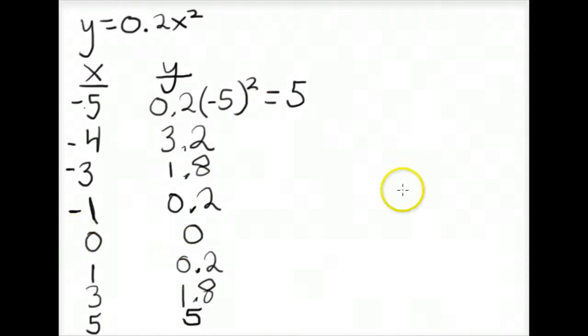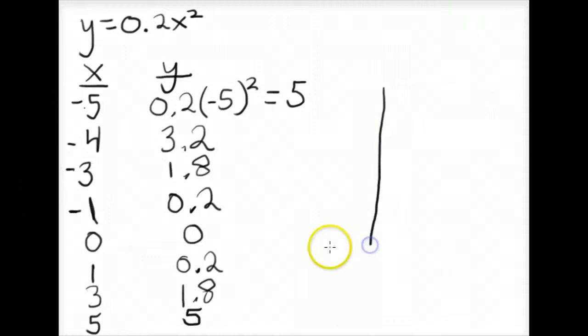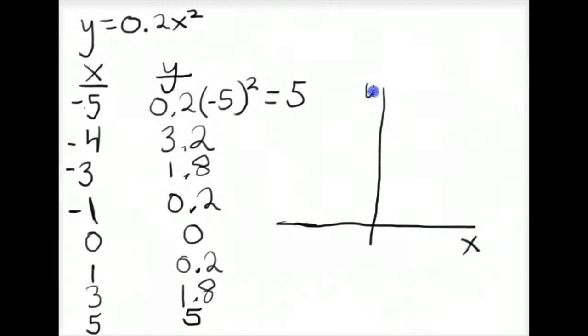So graphing this equation, we start by just drawing the axes. This would be the vertical and this would be the horizontal axes, labeling this x and y. And at this point, we can just plot these values of x.